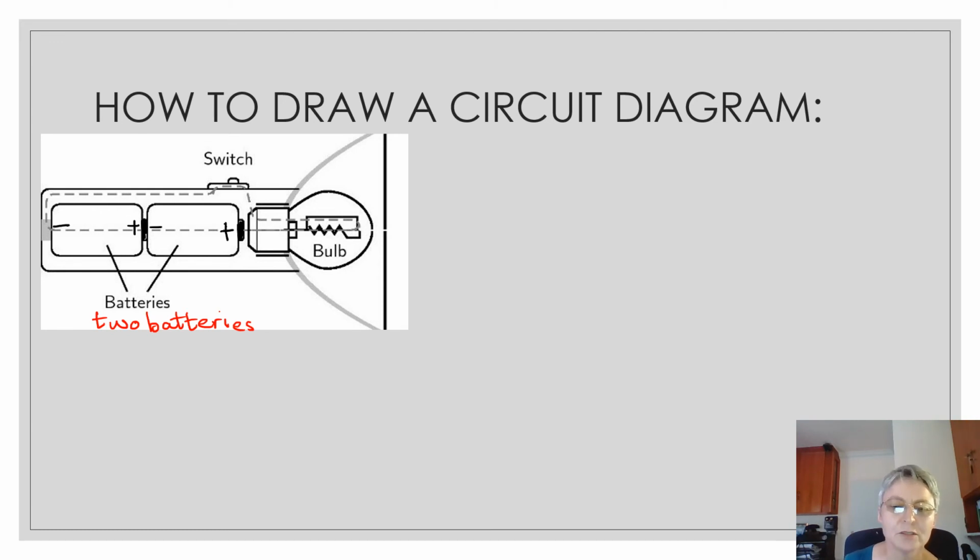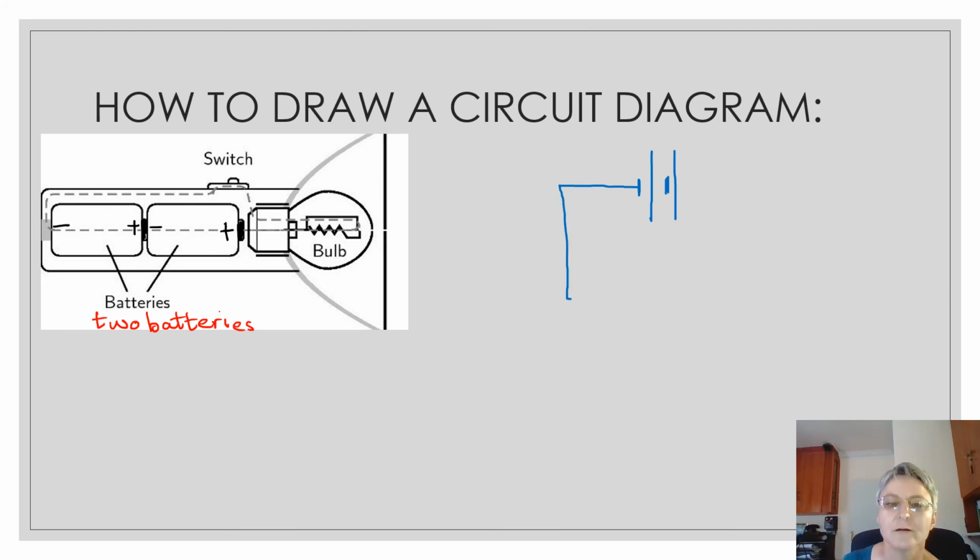So what do we use to represent the batteries? Because the positive is towards the right hand side, I'm going to draw the battery like that. This is the positive, and that is the negative of the battery. So there are two of them together. So another long line for positive and a short line for negative. Then there aren't many wires in a torch, but there are some metal plates.